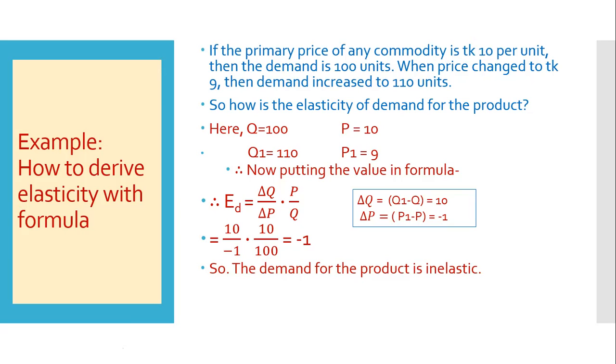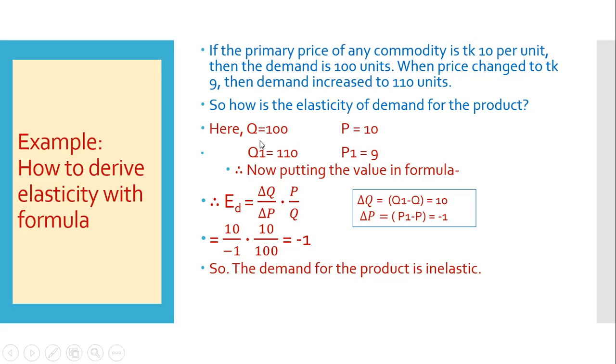And from that ratio, that is from the formula, the result can be equal to 1, or smaller than 1, or greater than 1, or infinity or 0, any result we can get. Then from the result we have to reach a decision about what the elasticity of demand for this product is.